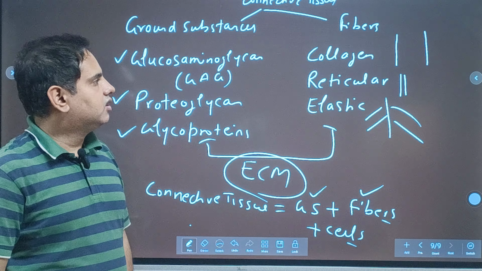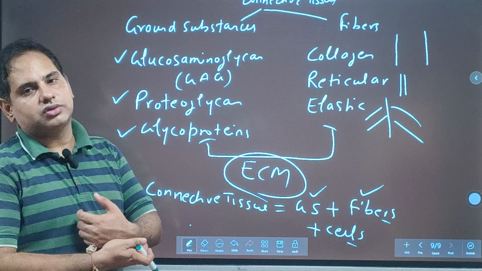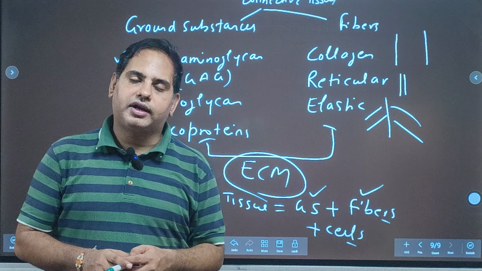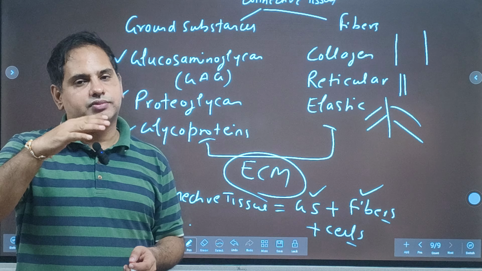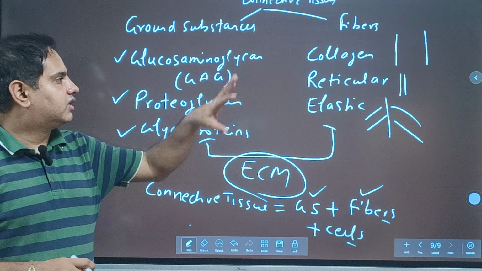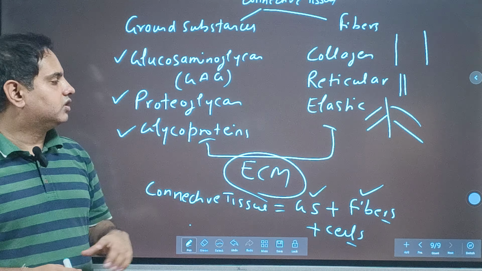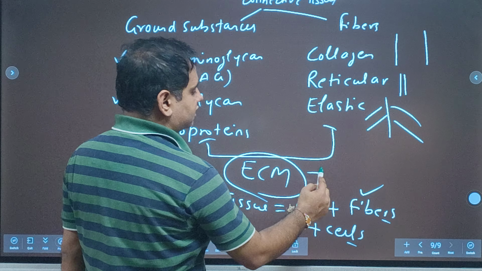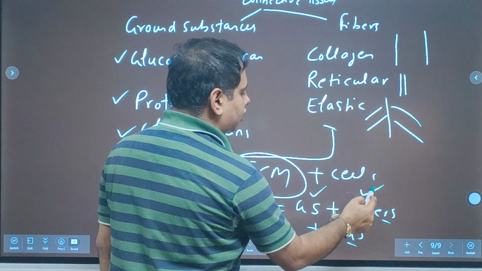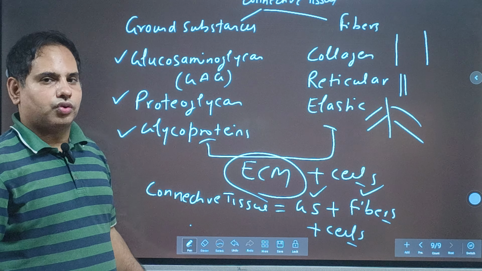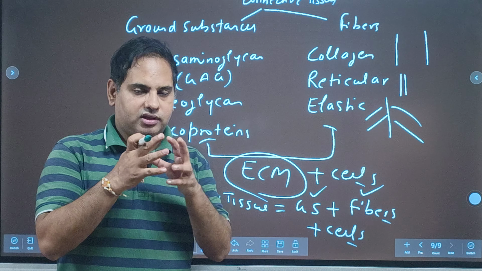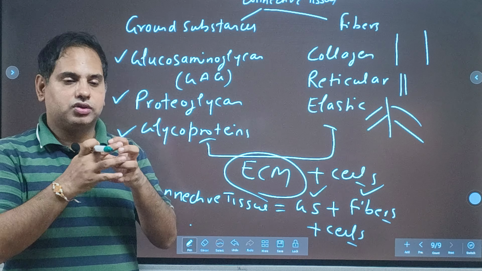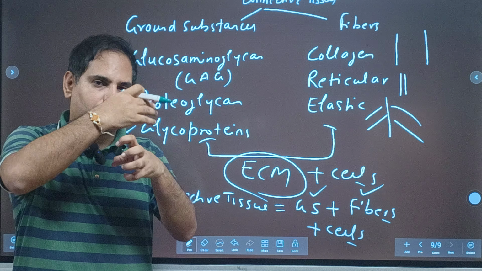This is about connective tissues, and connective tissue provides functional and mechanical support to all types of tissues. Below the epithelium there is connective tissue. This is the composition of connective tissue and this is the composition of extracellular matrix. Extracellular matrix plus cells we also call connective tissue. Connective tissues do not have tightly joined cells, because outside the cells there is extracellular matrix.